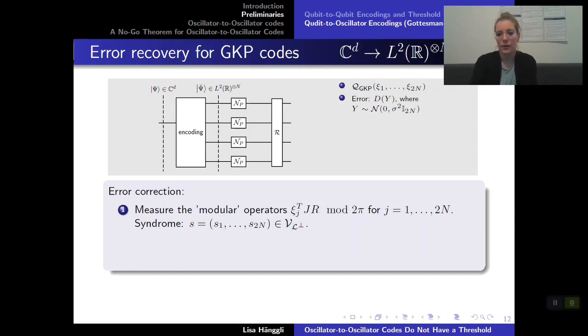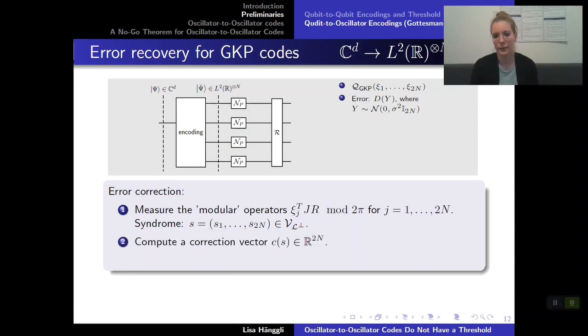And because they're also of the form 2 pi times the symplectic inner product of xi_j with the vector of mode operators r, this is equivalent to measuring the mode operators in r modulo the dual lattice. So what we get is a syndrome in the Voronoi cell of the dual lattice.